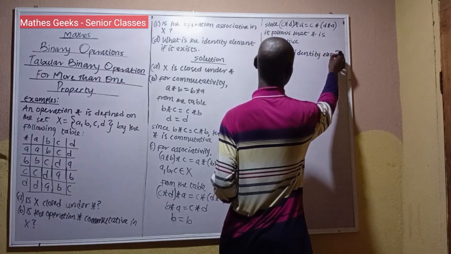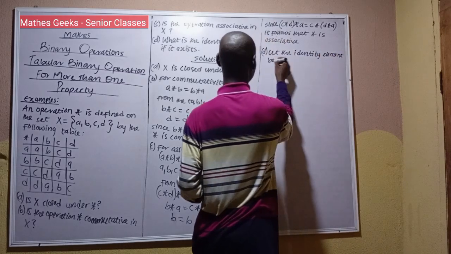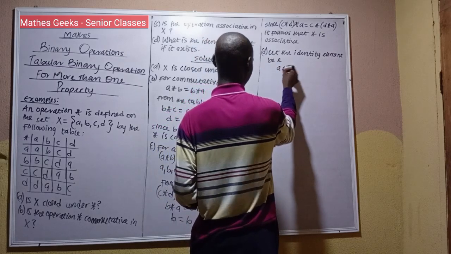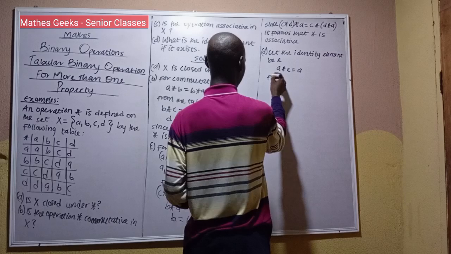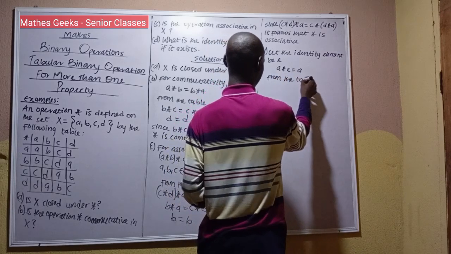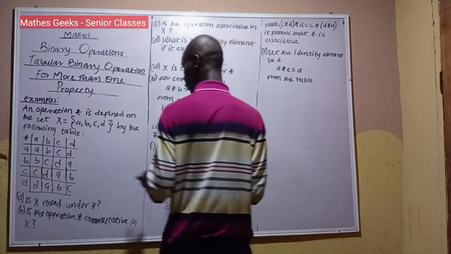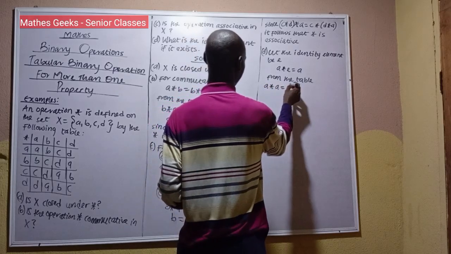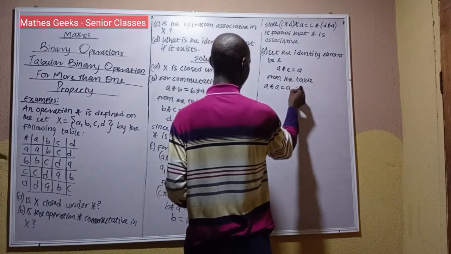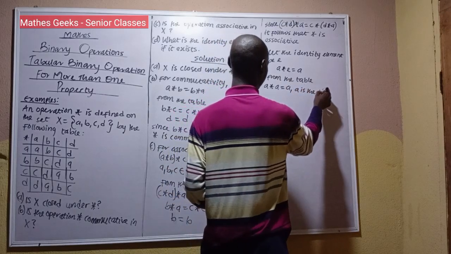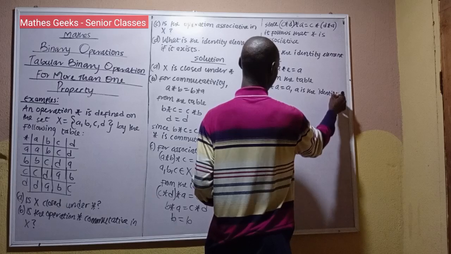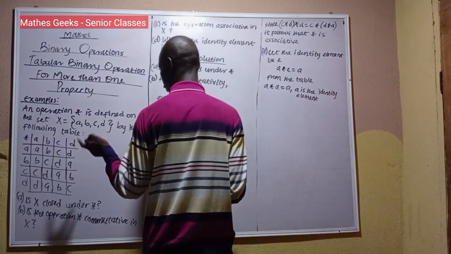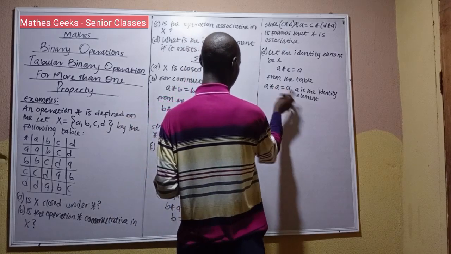Then identity. So from identity property, you see E operation E equal to E from the table. E star E equal to what is E. So what do we see? E is the identity. E is identity element. Well, let's try B star E to see if E is still the identity element.